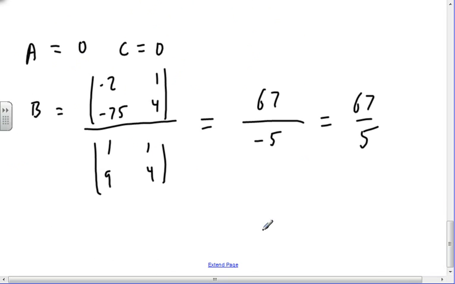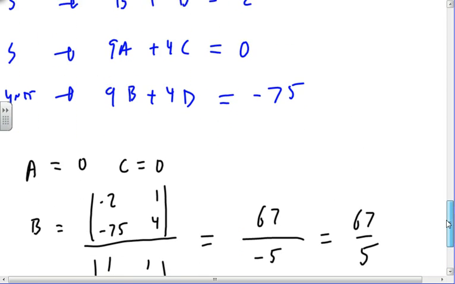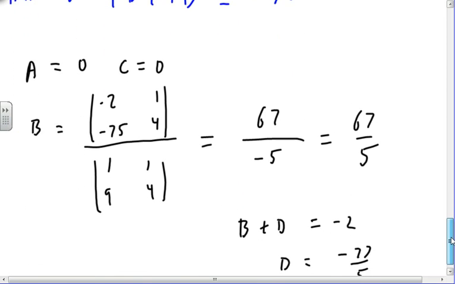Okay, so B plus D is minus 2. So D would be minus 77 over 5. Alright, now we'll check that.